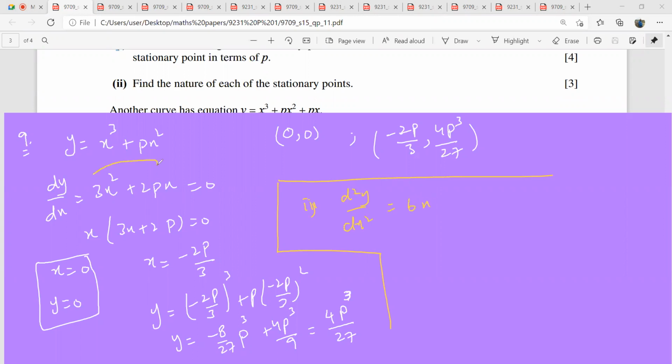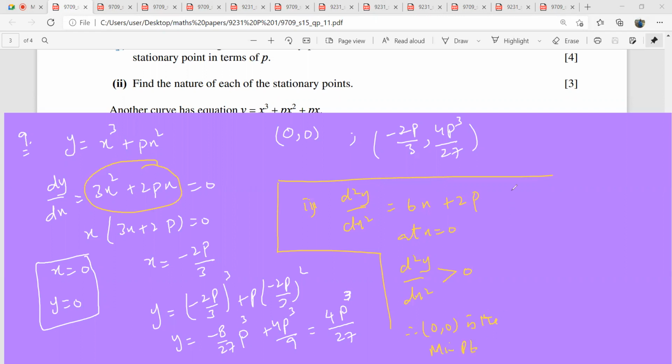Your d2y by dx square is going to be 6x plus 2p. Now here that information comes into action, that p is a positive constant. So at x equal to 0, d2y by dx square is positive, because you're only left with the 2p. So therefore 0, 0 is the minimum point.